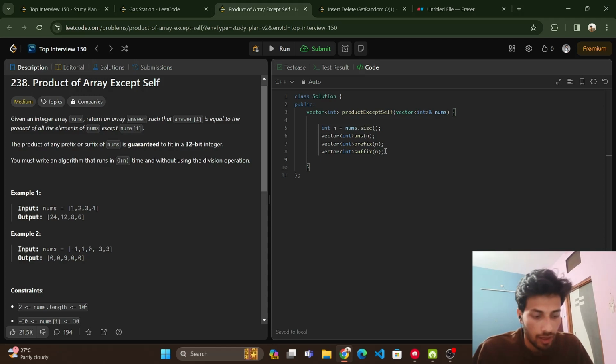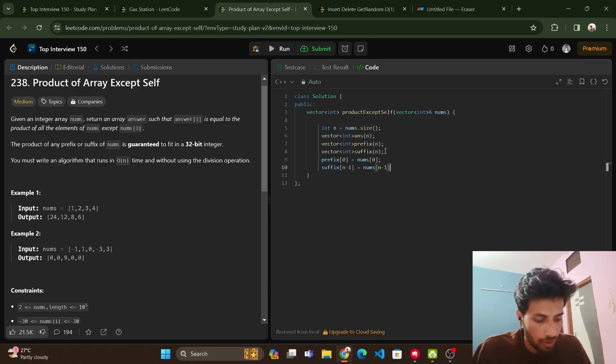Now for prefix let's insert something. For prefix we'll insert prefix of 0, prefix of 0 would be nums of 0, and suffix of n minus 1 we will insert from the right side, so it would be nums of n minus 1 only.